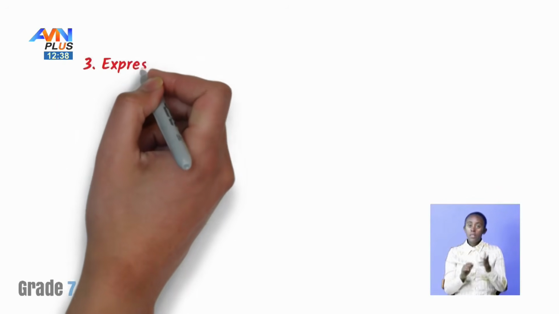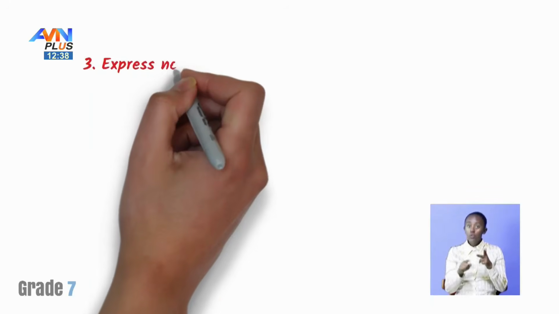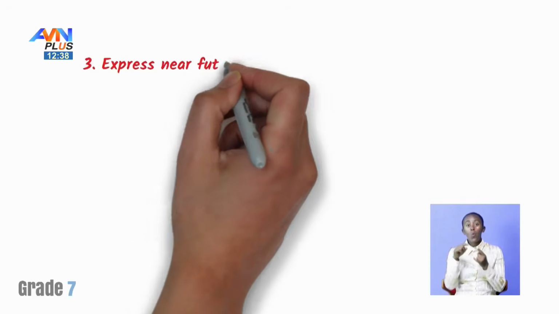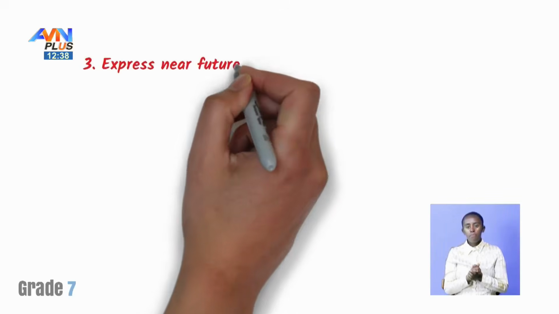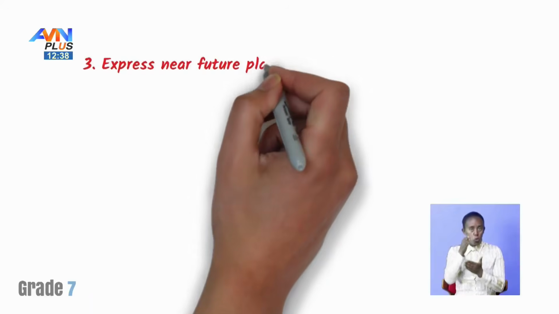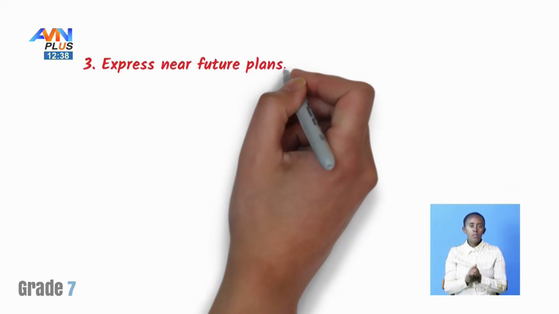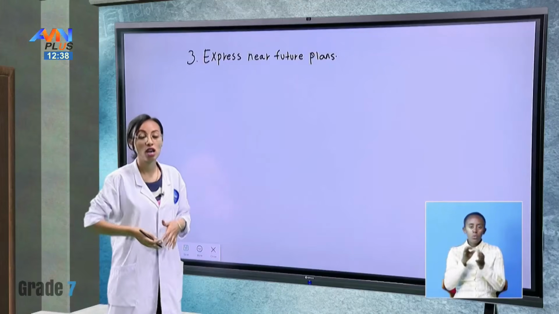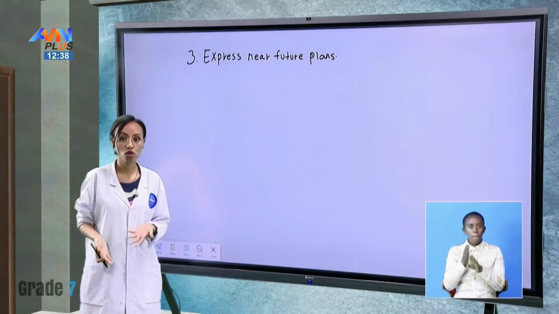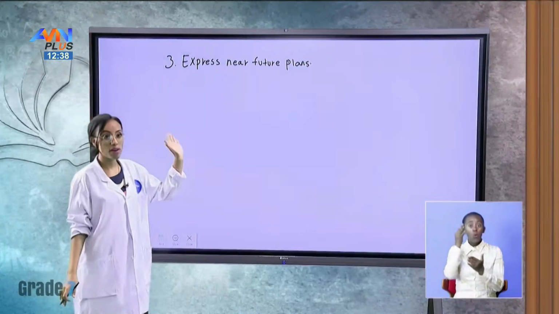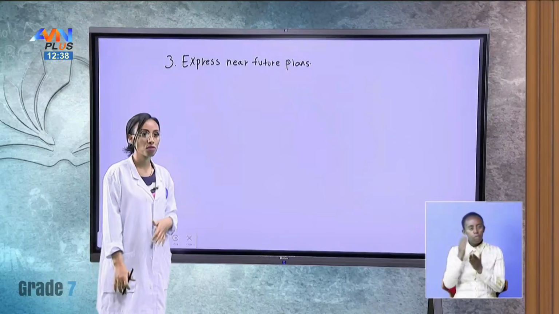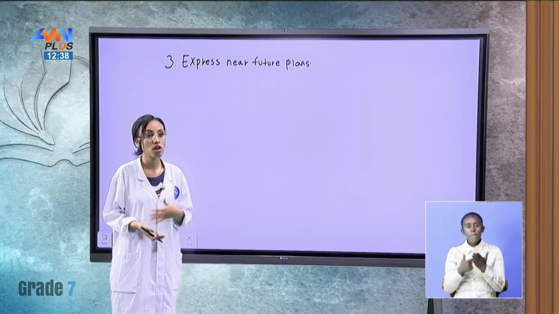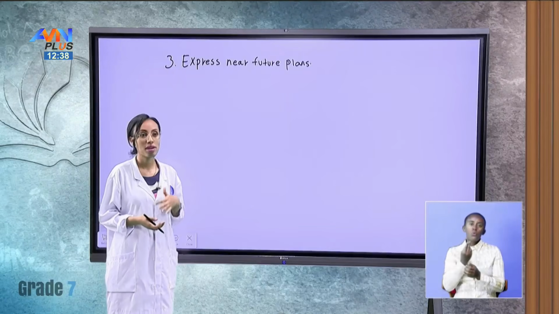The third way of using the simple present tense is to express near future plans, or to express predetermined future plans. So to express near future plans, plans that are happening in the near future, we use the simple present tense.